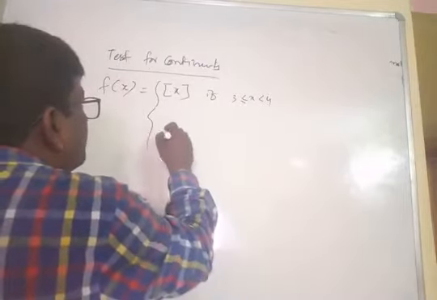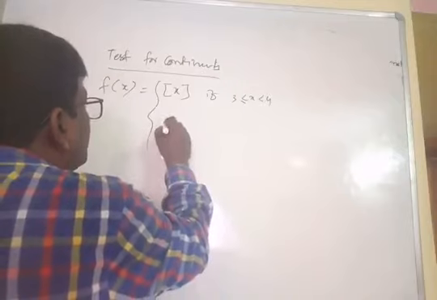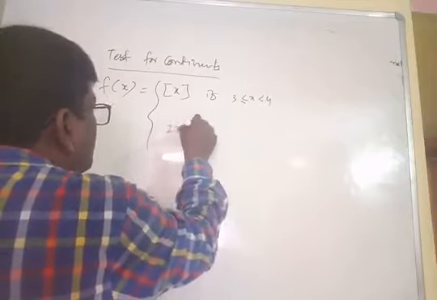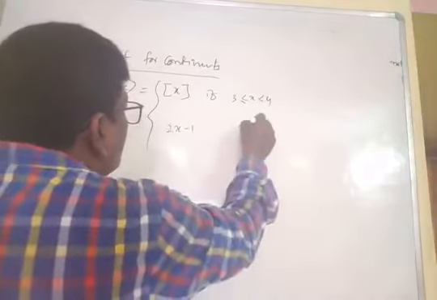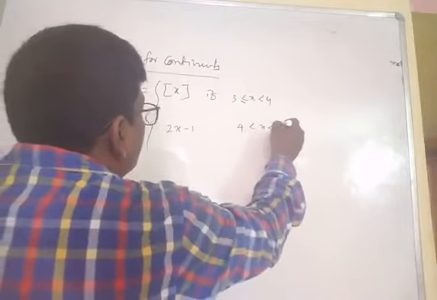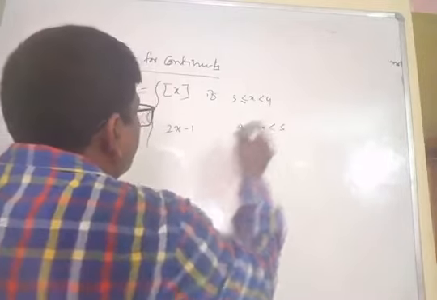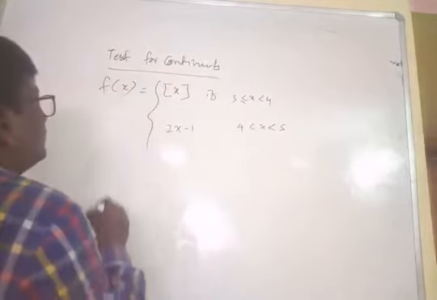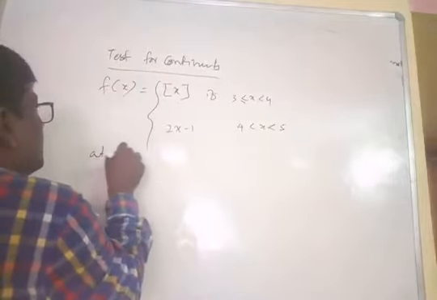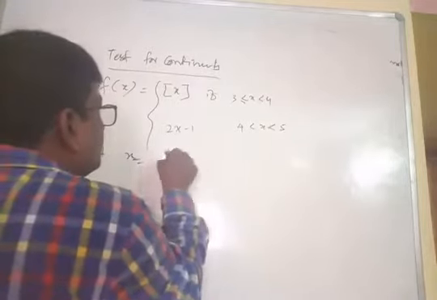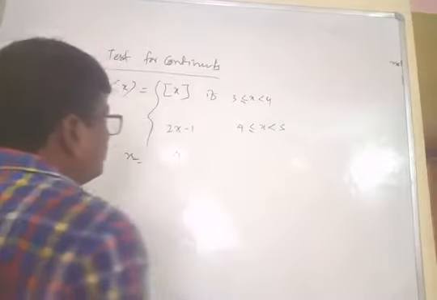Here 2x minus 1 for 4 less than x less than 5. At x is equal to 4.